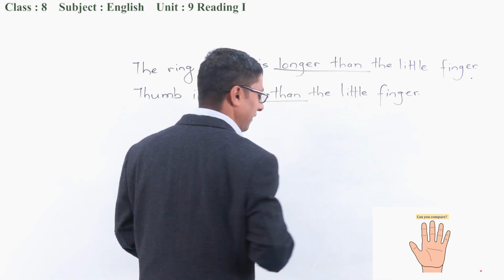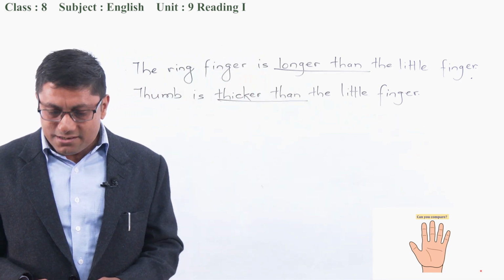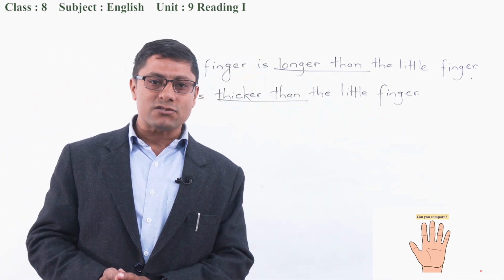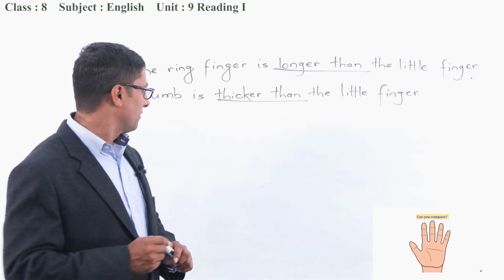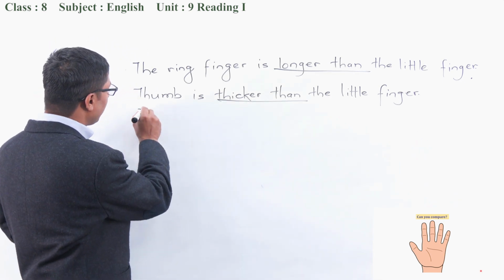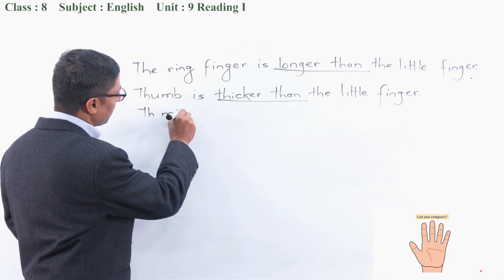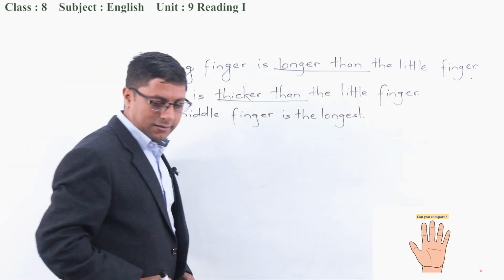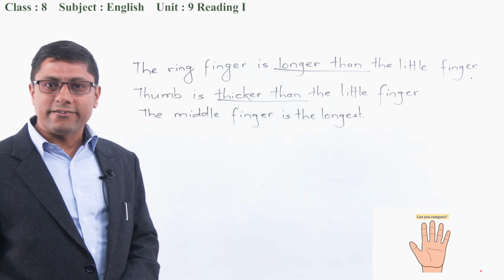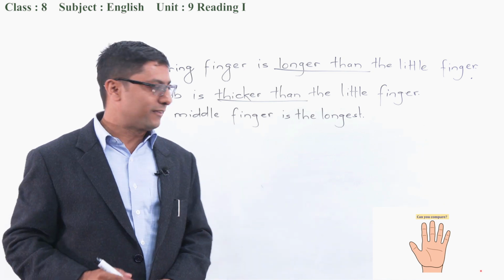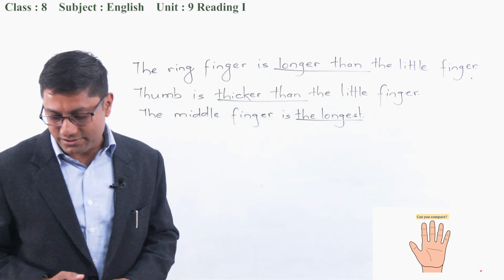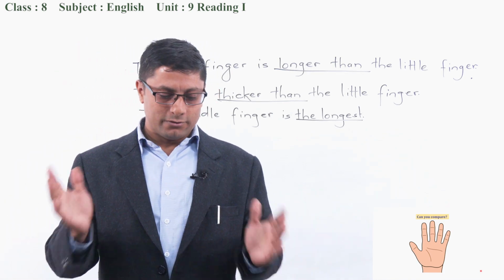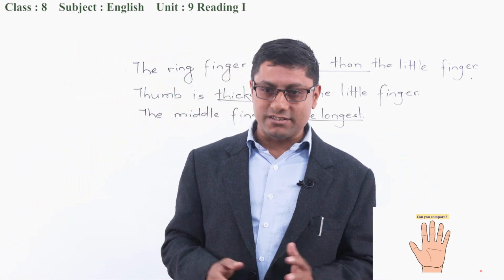Thicker than. Very good. And can you say which one is the longest one? Can you say? Very good. Okay, the middle finger. The middle finger. Okay, good. Said the middle finger is the longest. That's good. It's the longest of all fingers. That's good. You made a correct comparison.